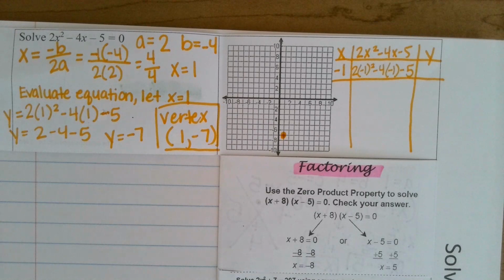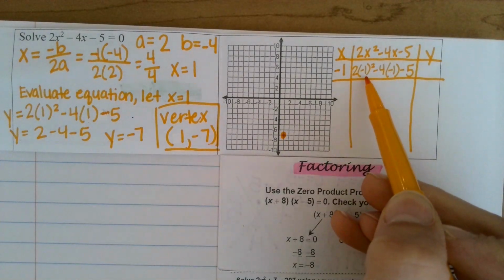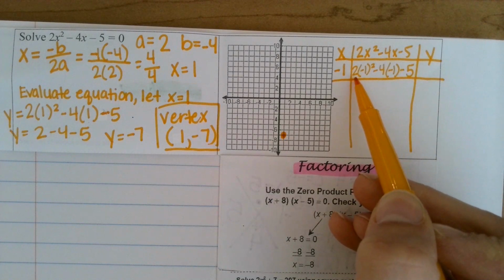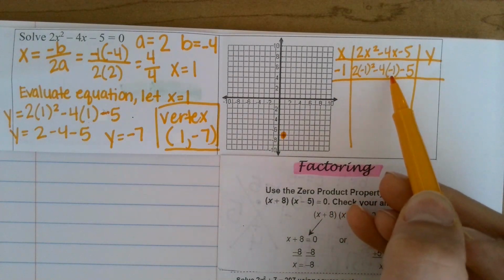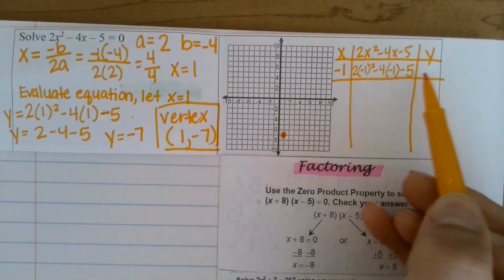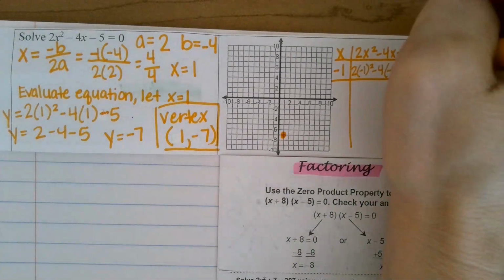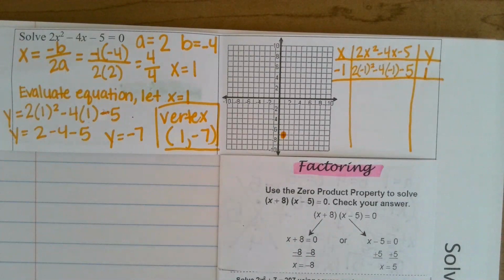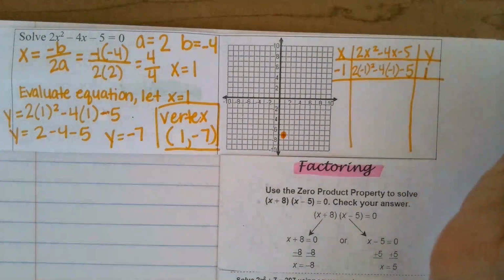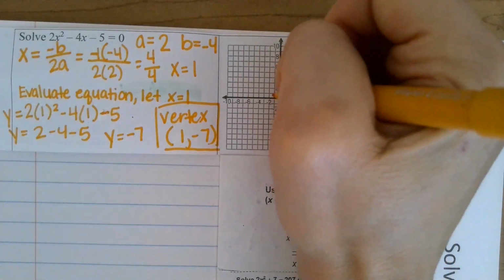It should be +1, because -1 squared is 1. 1 times 2 is 2. And then -4 times -1 is 4. So 2 plus 4 is 6. And then 6 minus 5 would be 1. All right, so then we would put a point at -1, 1.